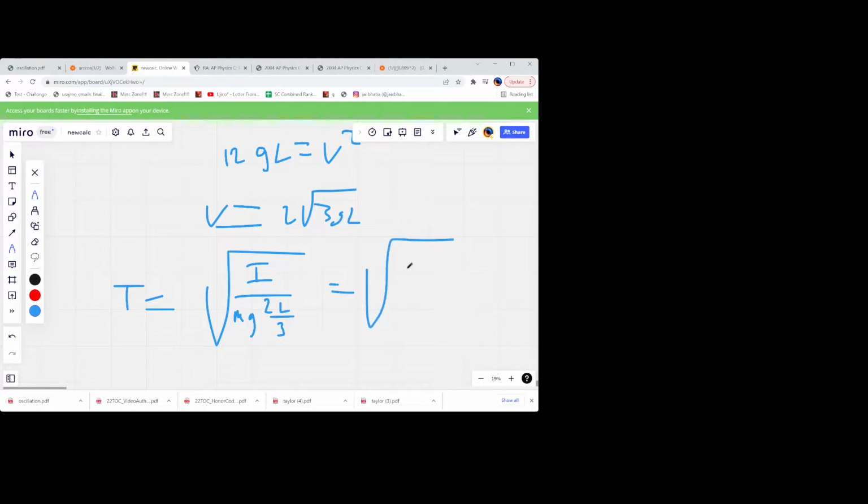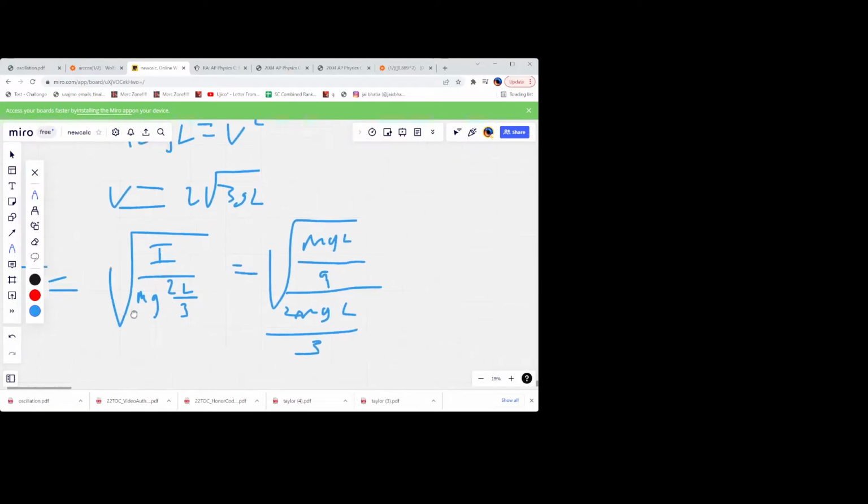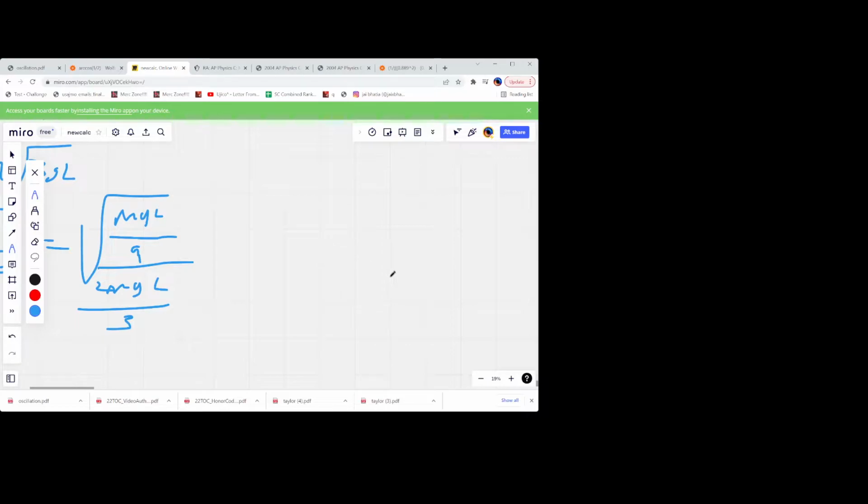I is, of course, mgl over 9, equals square root of mgl over 9 all over mg 2l over 3. Now we're going to do some cool fraction simplification here. I think this is just square root 2/3. That's definitely wrong.